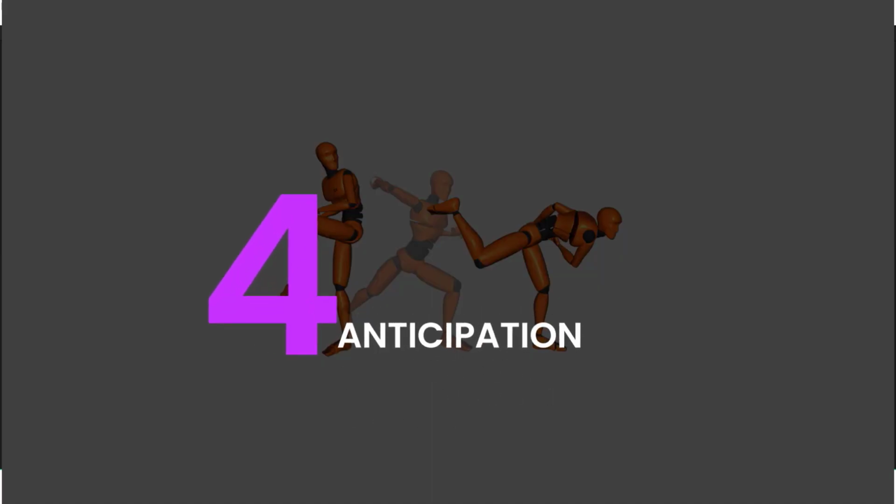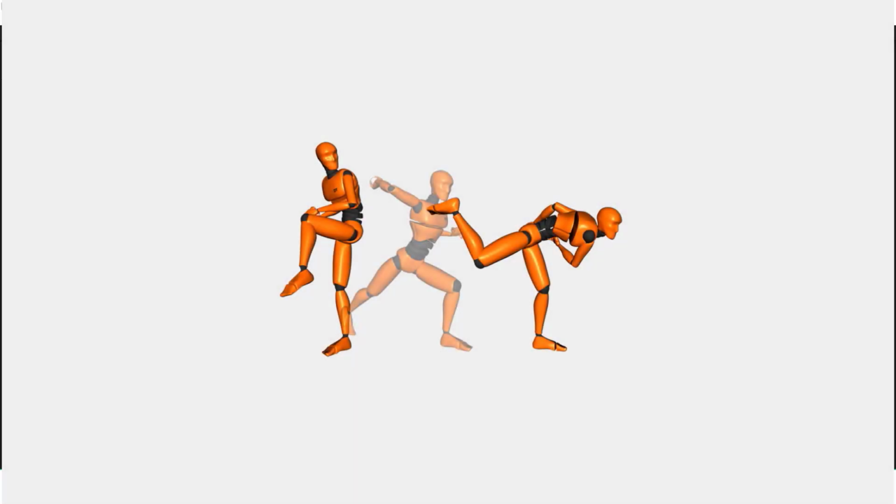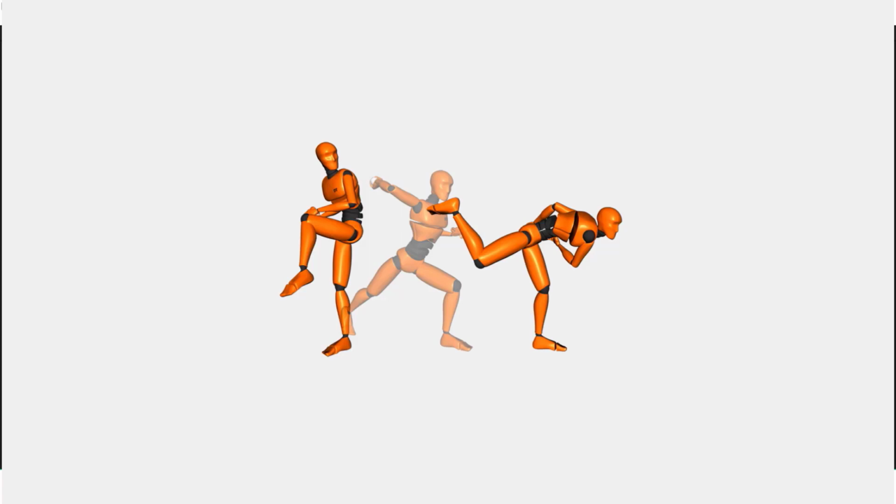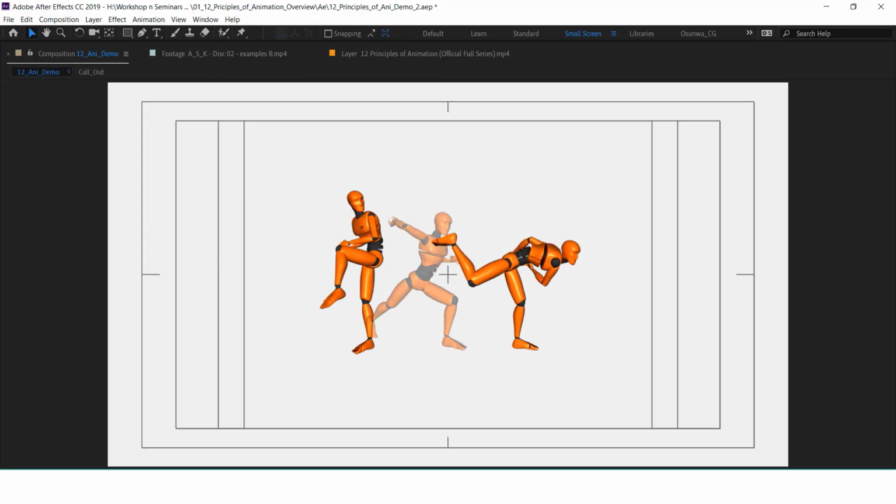The fourth principle is anticipation. Now, the way movements occur here on Earth, with the law of physics and everything, before we take any action, there is normally a build up of energy. For instance, this character is about to throw. Let's say he's a golfer.